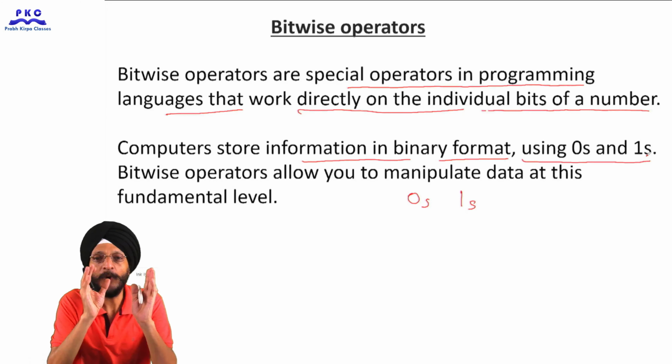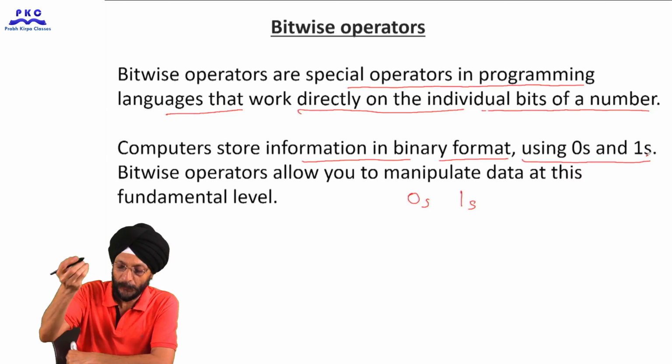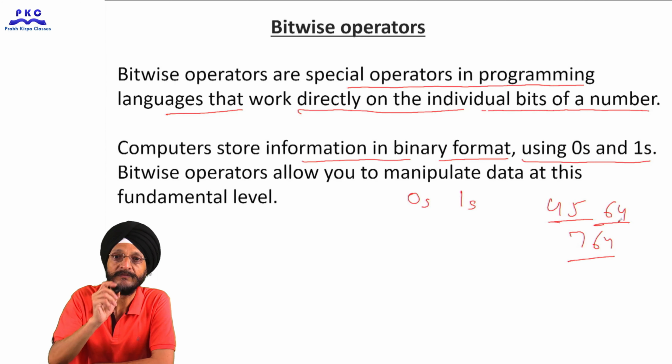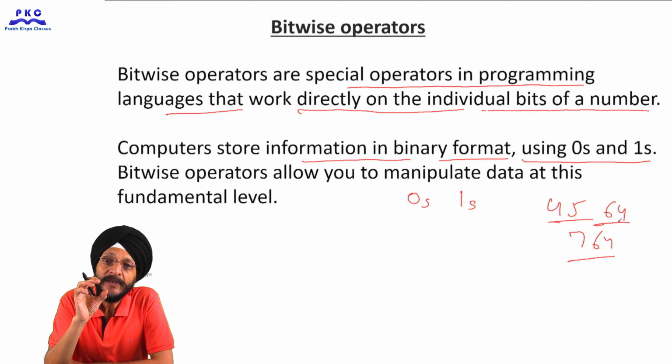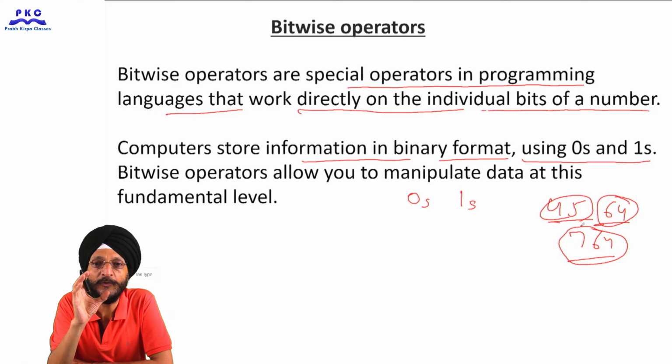When we are talking about bitwise operators, they do not operate on these values as a whole. They operate on the individual bits of these numbers, the individual bits of binary numbers.